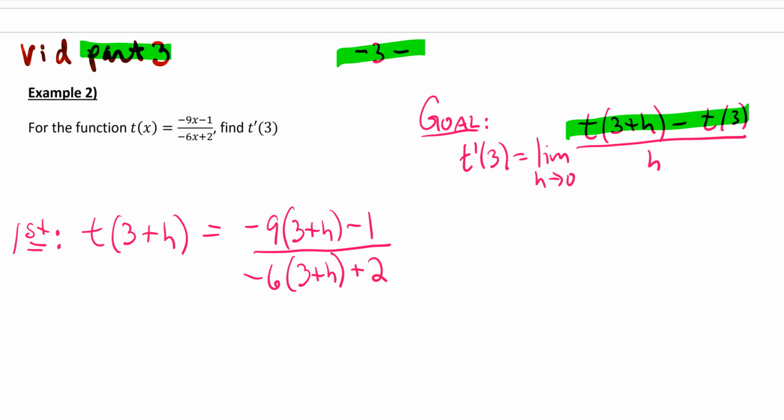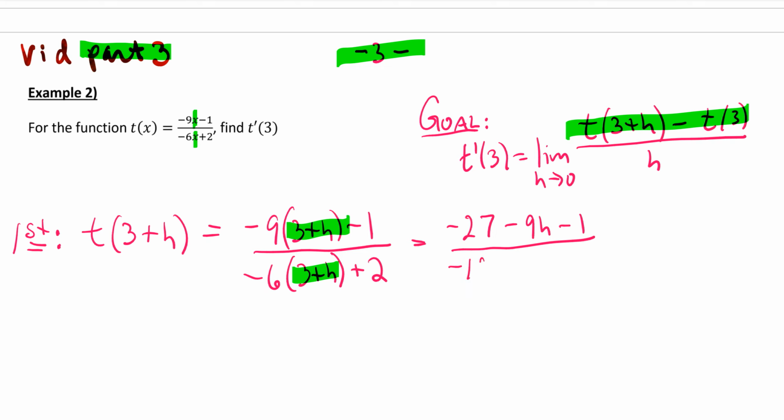Look at that step carefully because it's key and sometimes a little bit tricky. In the function we have 2 places where there are x's, and both of those x's have been replaced by 3 plus h, and that's what that step entails. Now we work these guys out, so distribute the negative 9, so we'll get negative 27 minus 9h minus 1. And in the denominator, distribute the negative 6.